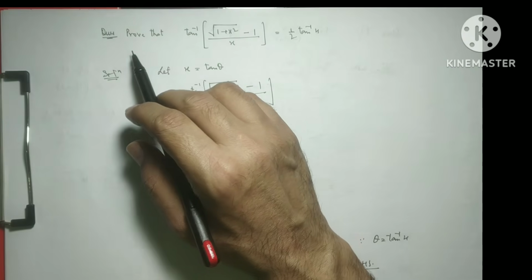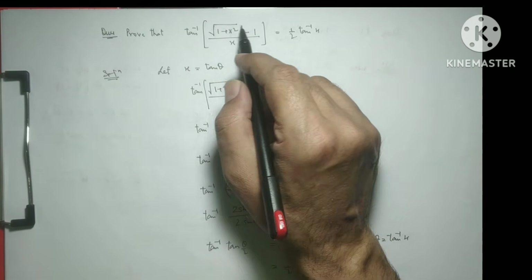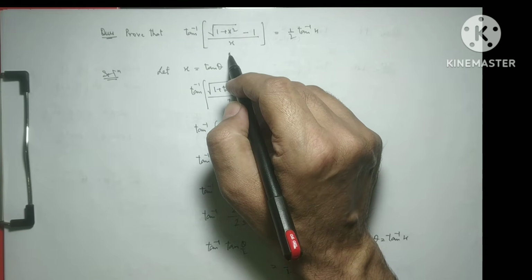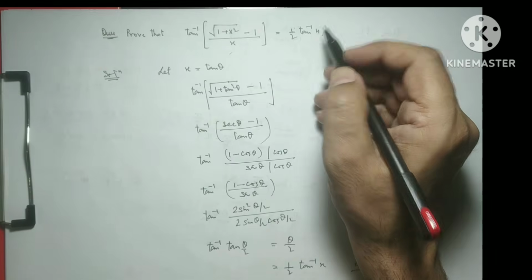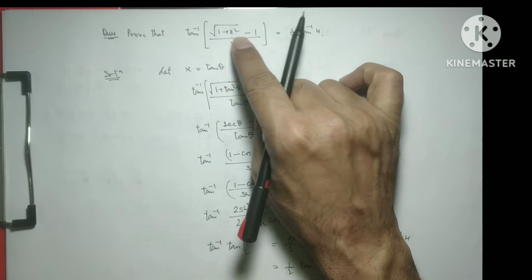Now next question, that is prove that tan inverse of under root of 1 plus x square minus 1 over x is half tan inverse x. So right now we will substitute this x.